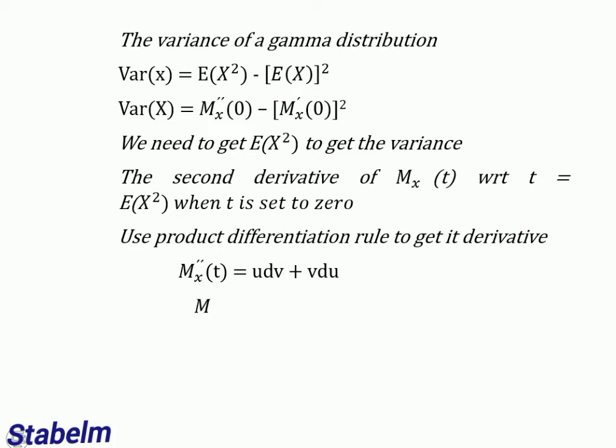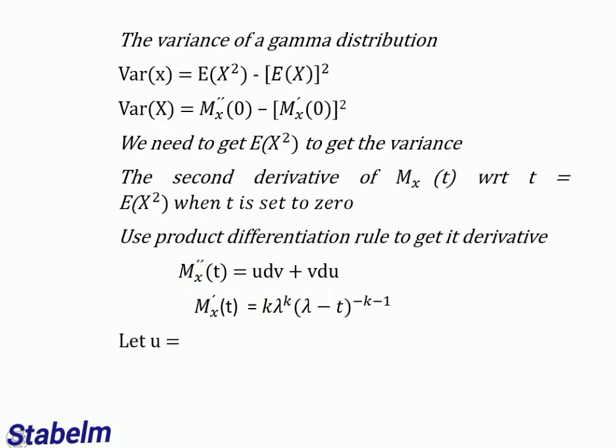We say the first order derivative is m prime x of t equals k lambda raised to power k into brackets lambda minus t raised to power minus k minus 1. So this is the first differentiation we got the other time. From this point, we need to differentiate this again using the product rule, and this is the formula we're going to use. Now this will lead us further.